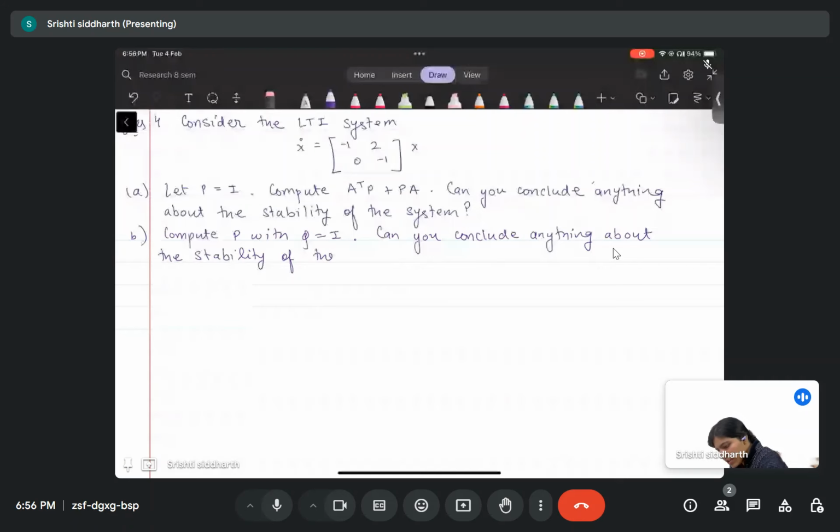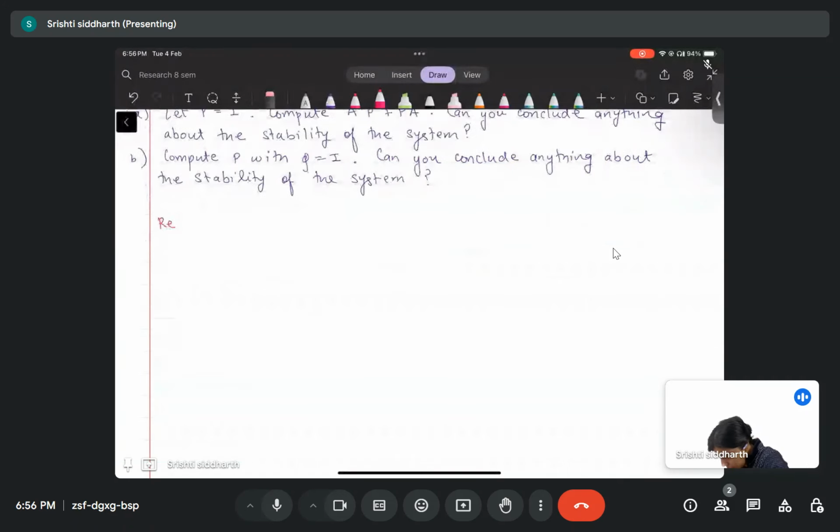Okay. So before we start this question, let's recall the concept of the Lyapunov equation and how it's useful in determining the stability of LTI systems.